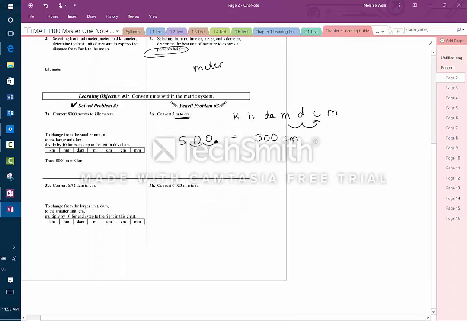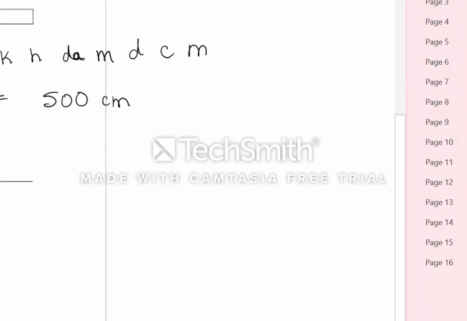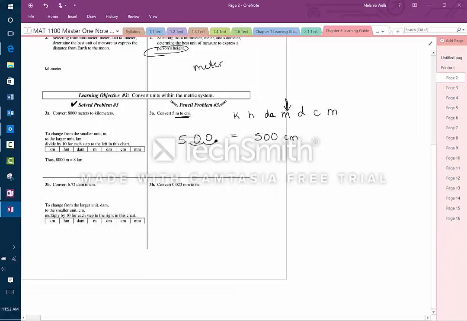Okay, let's do the same thing with the next problem. I'm going to use the same King Henry died by drinking chocolate milk. M is your base, which is meters again. So if we're converting 0.023 millimeters to meters, this is my millimeters prefix. 1, 2, 3 to the left.